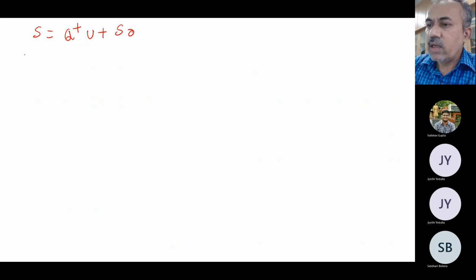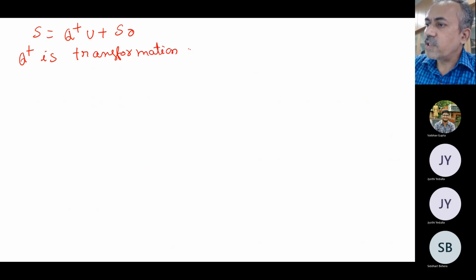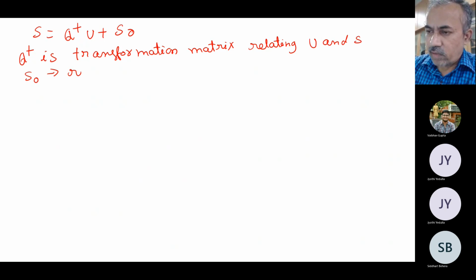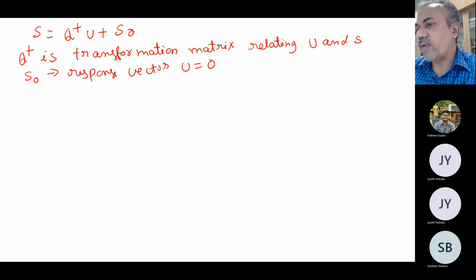This Q transpose is the transformation matrix relating U and S, and S naught is the response vector if there is some initial stress. Otherwise you can delete this S naught. So you can find out stresses or strains or whatever.